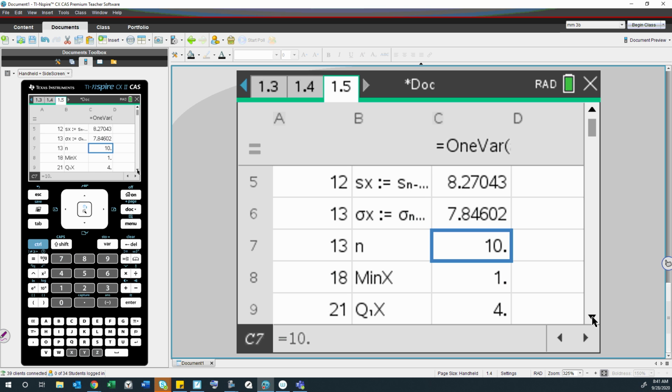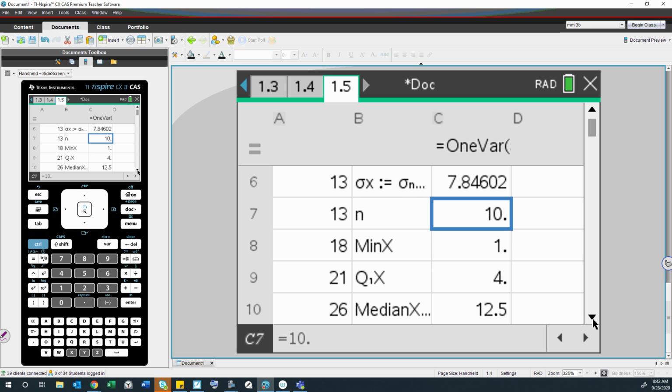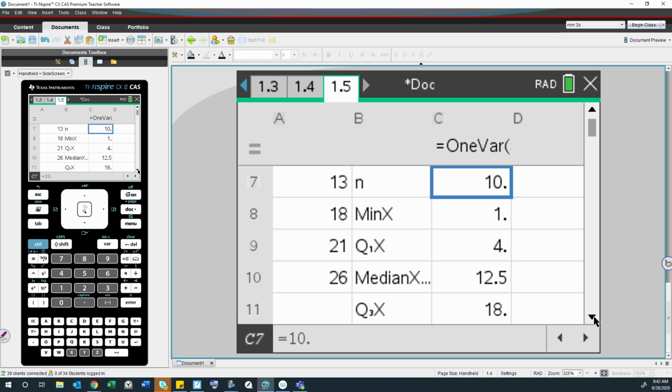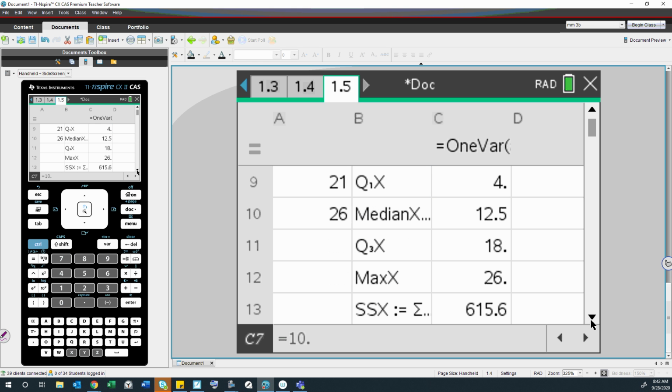Min x. What is that giving us? The minimum value. What do you think Q1 is? I didn't show you this last week, did I? Quartile 1. And then median. Quartile 3.